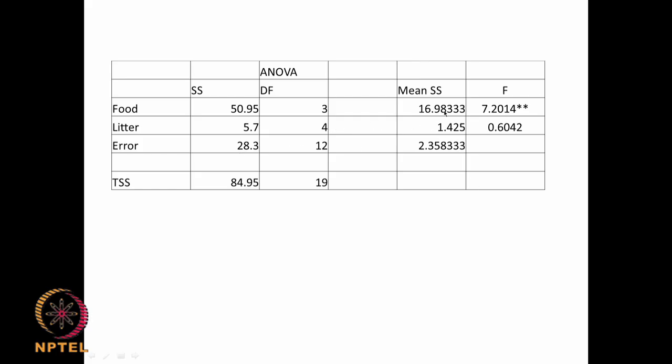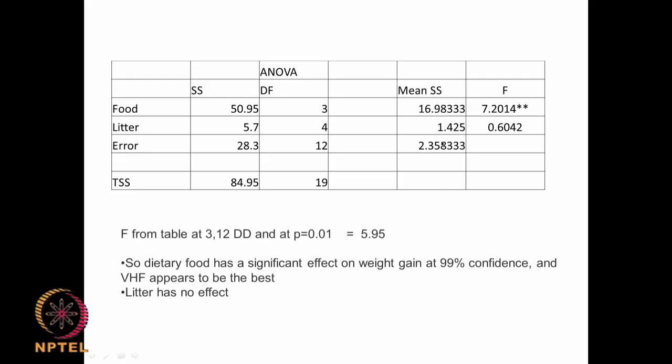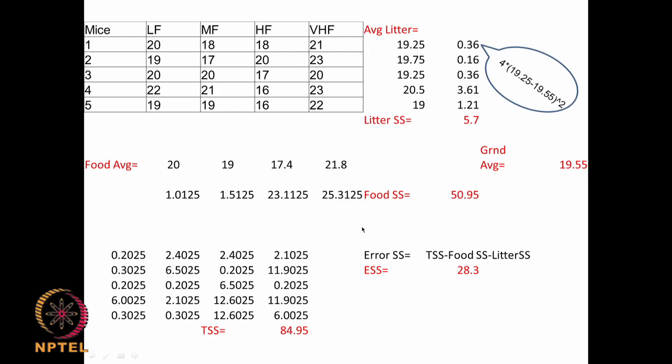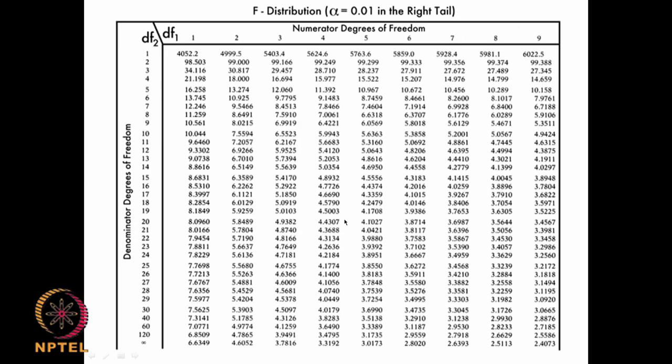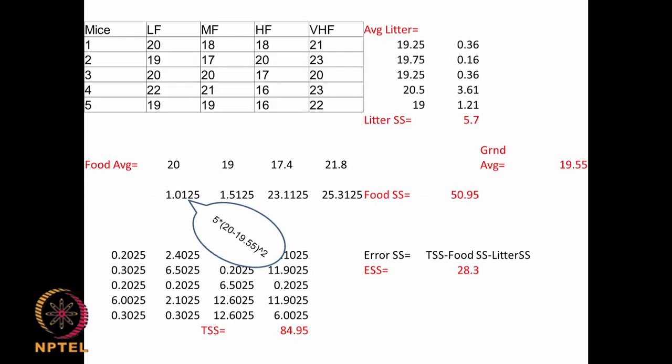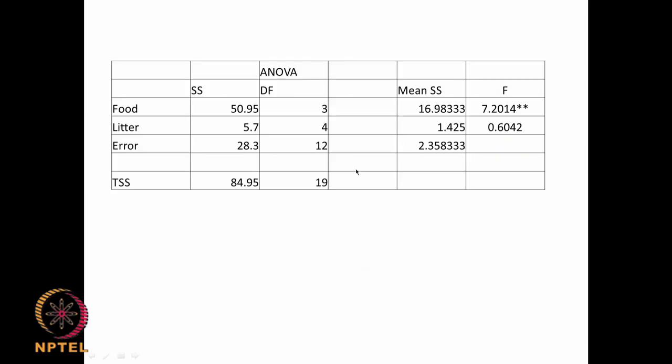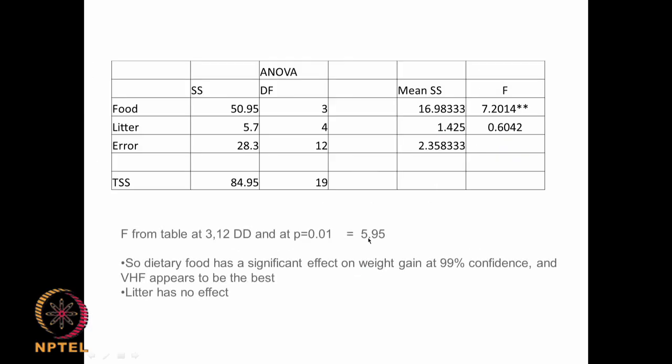So if I want to get F, 16.9 divided by 2.35, that comes to 7.2. Then for litter, 1.4 divided by 2.35, 0.6. Okay. So for 3 and 12 degrees of freedom at 99%, the table value is 5.95.